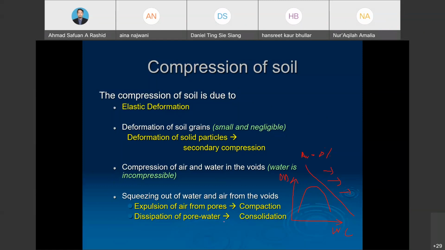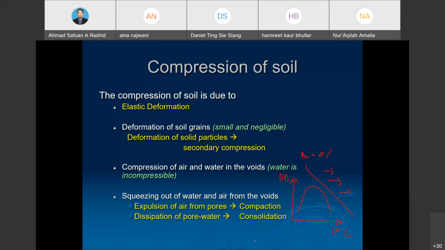However, both of them are considered as compressibility efforts. Okay. Kedua-duanya adalah proses untuk kita apply loading. So that is the difference between compaction and consolidation. Okay.